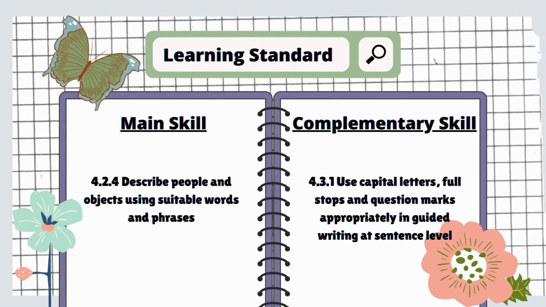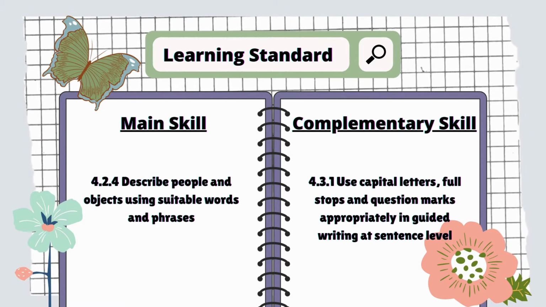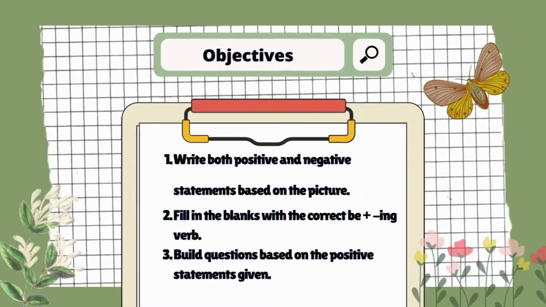As for the learning standard, main skill 4.2.4: Describe people and objects using suitable words and phrases. As for the complementary skill 4.3.1: use capital letters, full stops, and question marks appropriately in guided writing at sentence level.